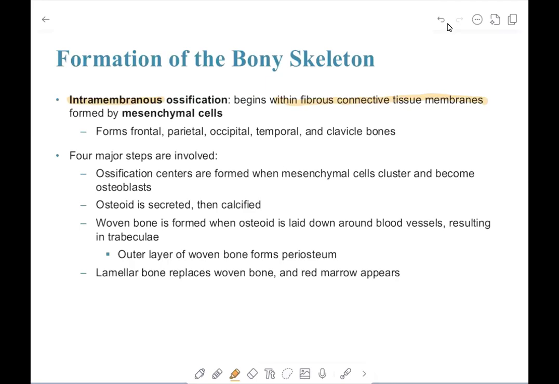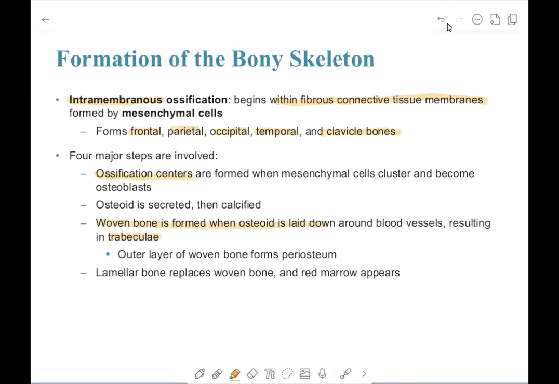This forms the flat bones of the skull, like the frontal, parietal, occipital, temporal bone, as well as the clavicle bone. It has 4 main steps to it, and those 4 main steps are listed here. There's an ossification center formed, again, a growth center, and there's only 1 ossification center, whereas there was 2 for endochondral. The woven bone is formed when osteoid is laid down, resulting in trabeculae.